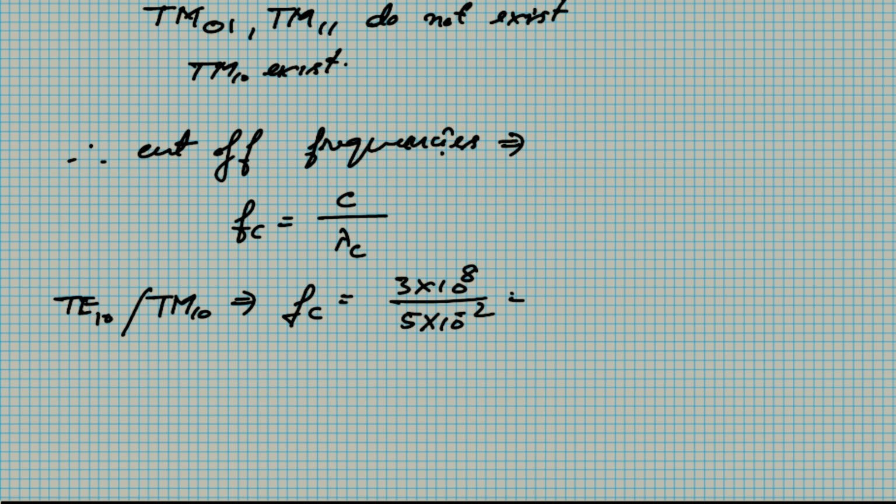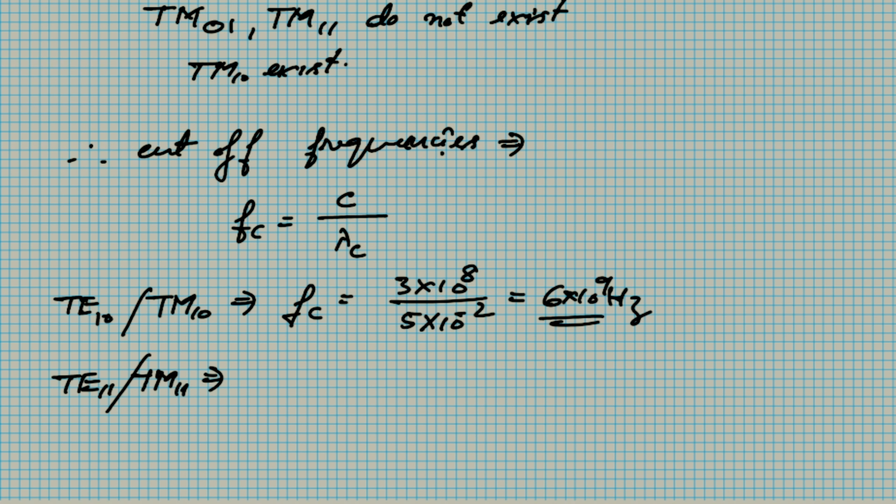So 6 into 10 to the 9, yes, 6 gigahertz. Similarly, calculate TE11 or TM11. Sorry, 11 does not exist. Only 10 was existing, isn't it? Correct, correct. Sorry.